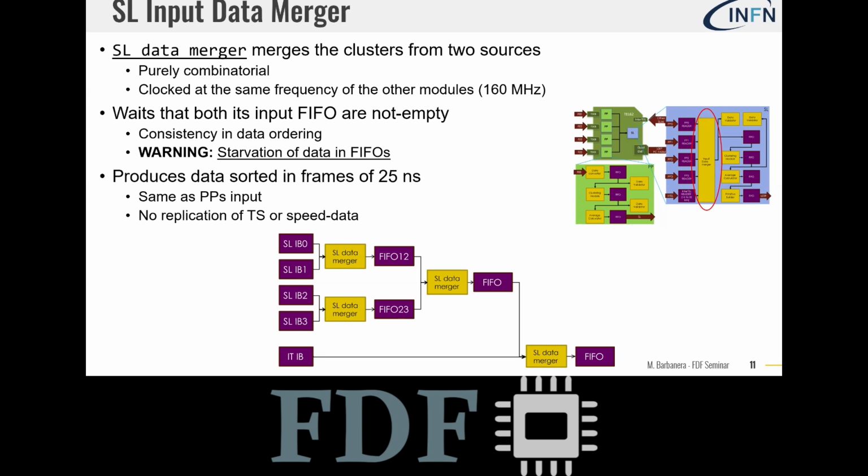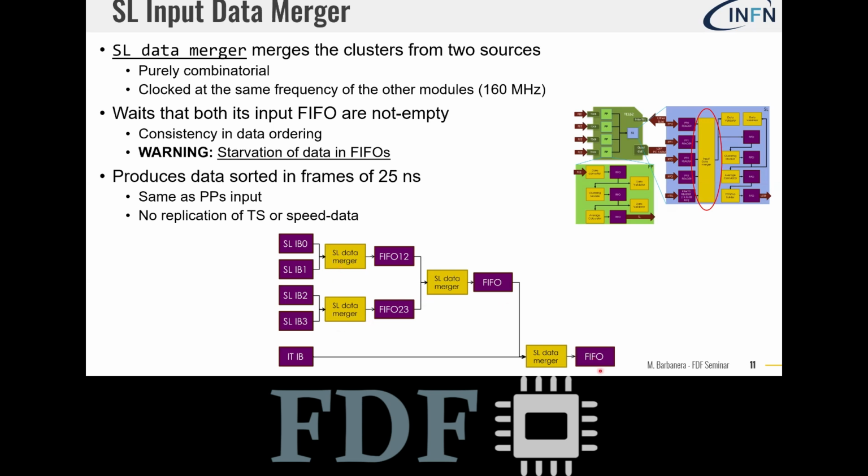So let's see that case in which one of the FIFOs is empty and the other one is not. Even if there are no hits, no clusters in a time frame of 6.4 microseconds, there will be at least those fake timestamps and those fake clusters. And in this case, it will help to avoid the starvation of the data in the FIFO.